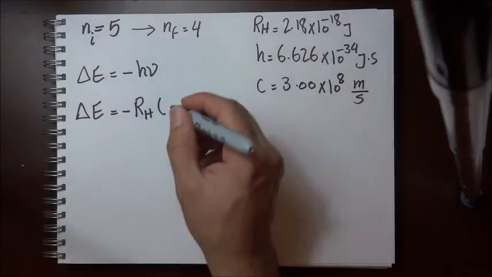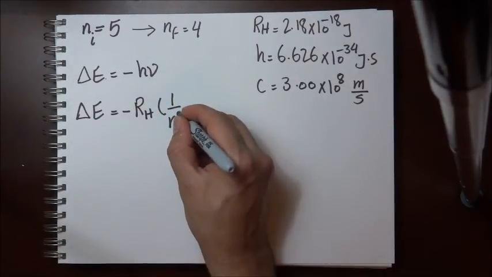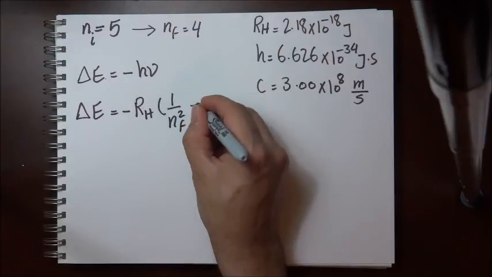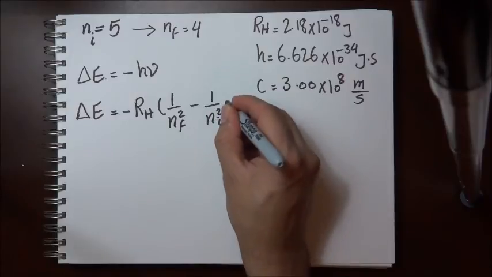Minus Rydberg constant times 1 over square of final n minus 1 over square of initial n.